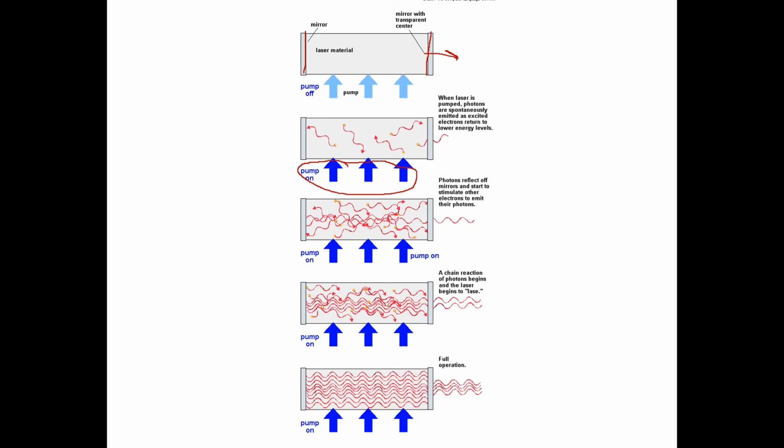This is referred to as a chain reaction. Since they're all the same material, they're all the same electrons, they're all going to have to give up the same wavelength of light. Eventually, that light will move out of that small opening, and you get laser light.